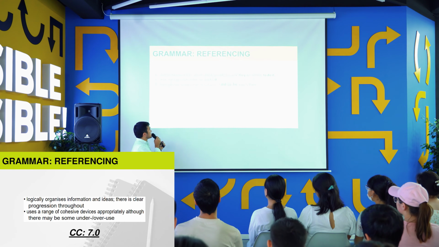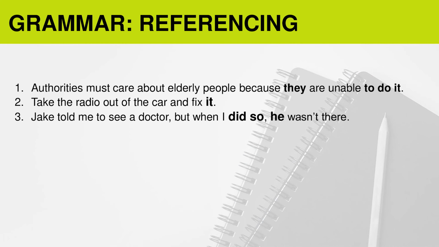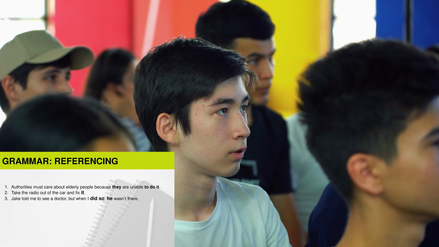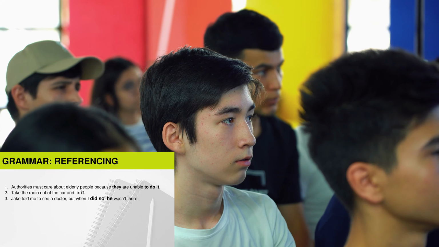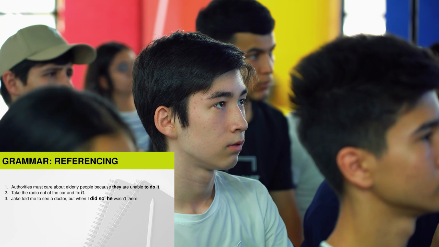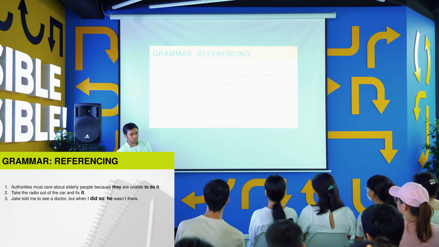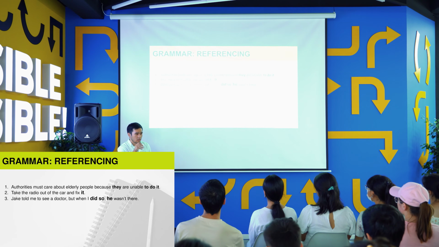Let's see some examples. Authorities must care about elderly people because they are unable to do it. There are 2 parts of referencing. They, right? And to do it. One of them is wrong. Which is wrong? They or to do it?